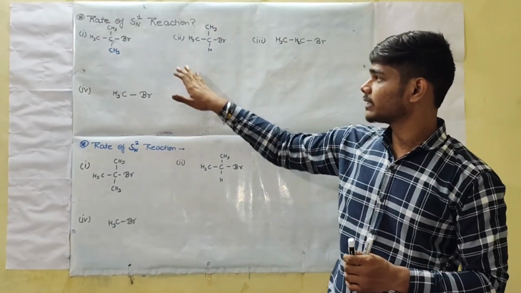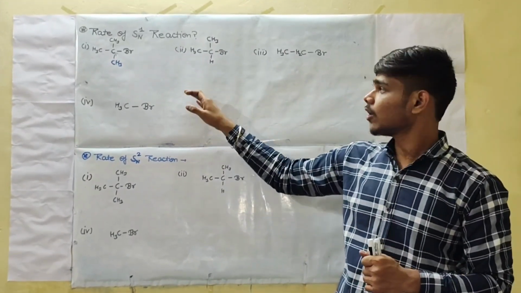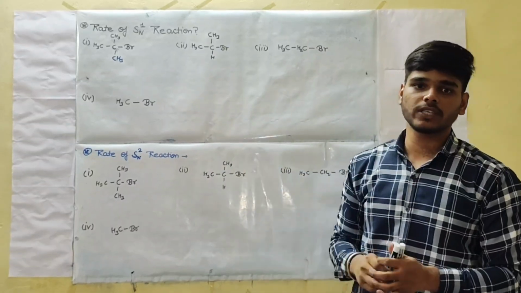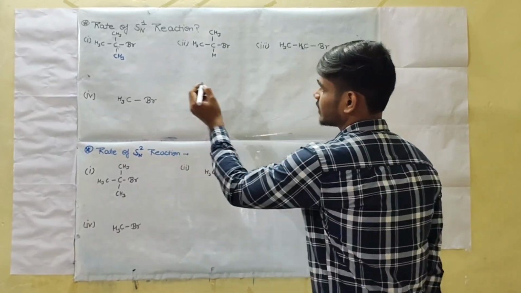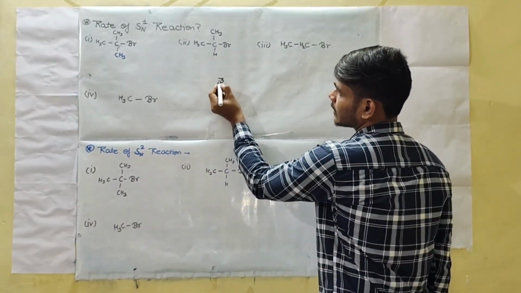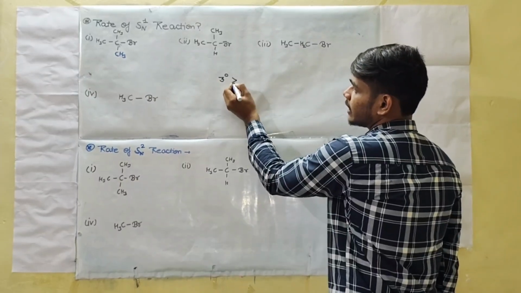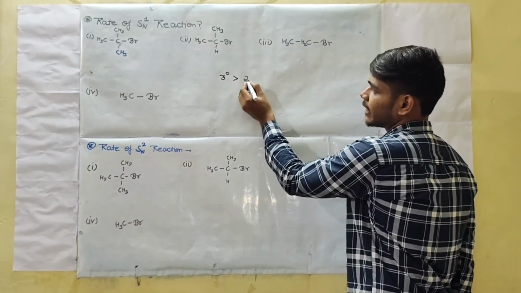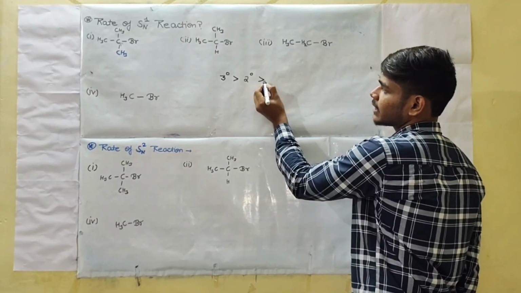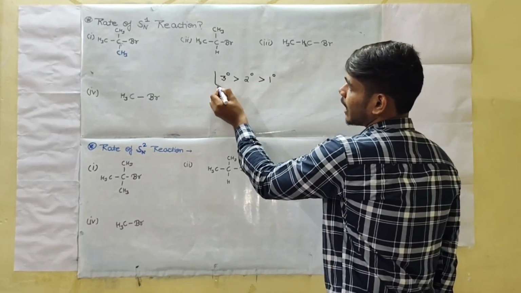Now we look at some examples of order of rate of SN1 and SN2 reaction. We saw previously that for the rate of SN1 reaction, 3 degree is fastest, then 2 degree, and then 1 degree carbocation.